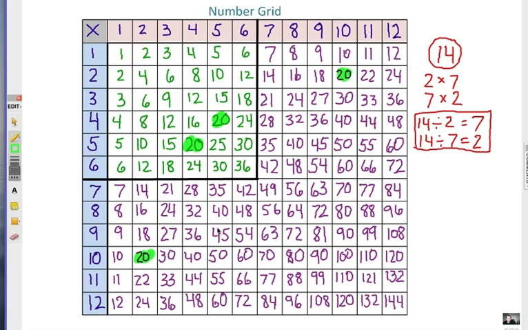What about 45? 5 times 9, 9 times 5. And there it is over there. How about 72? 9 times 8, 8 times 9. Where else? 6 times 12, 12 times 6.